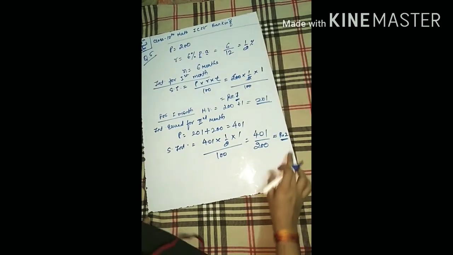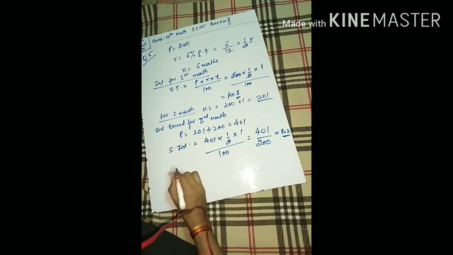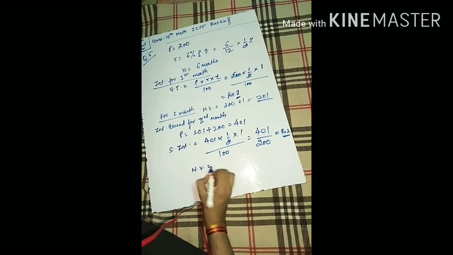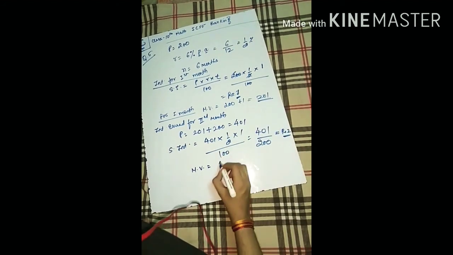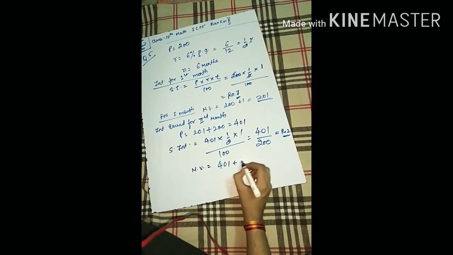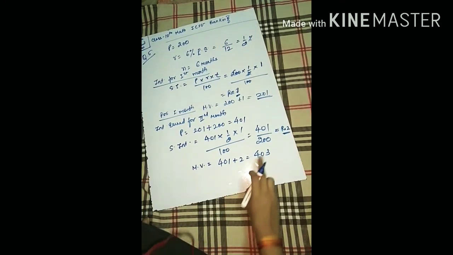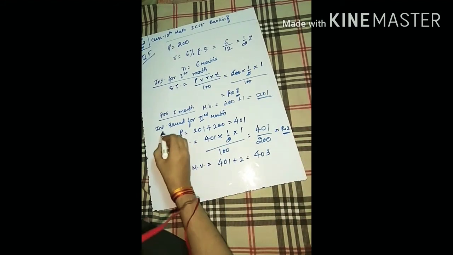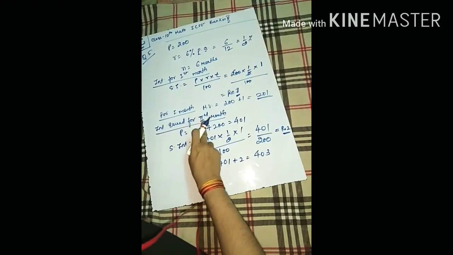Take it as approximate rupees 2. So the maturity value will be 401 plus 2, this will give you 403. Now this will be the new principal for the second month. Okay, this is interest earned for the first month, interest earned for the second month.